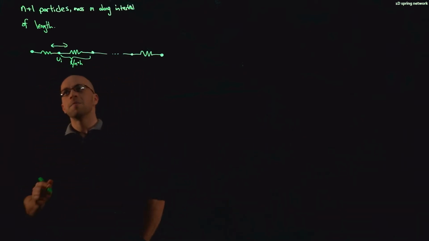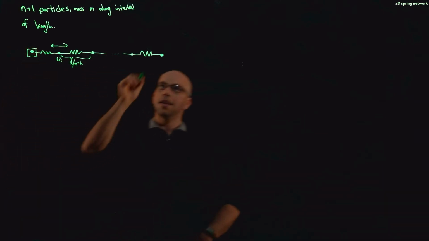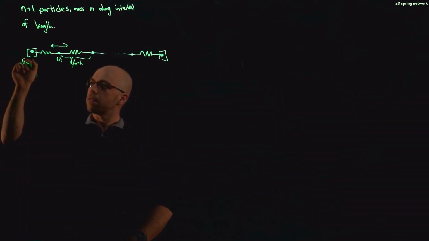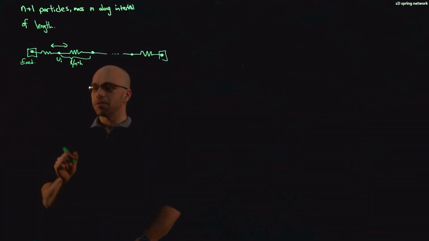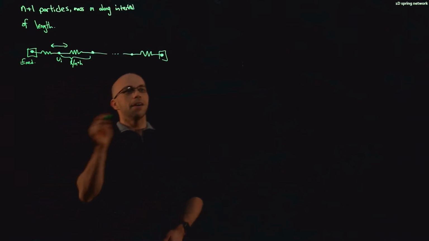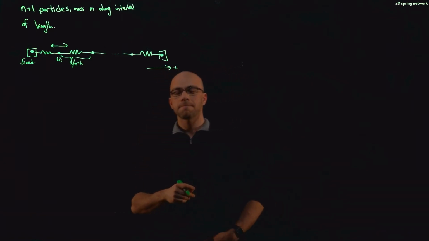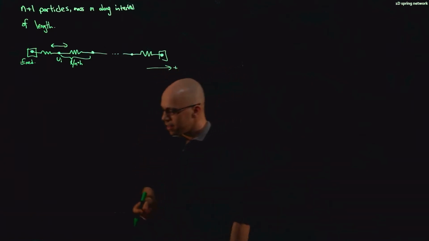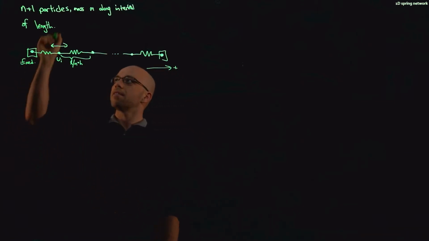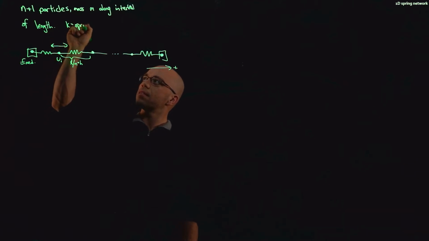Okay? Now, we're going to make boundary conditions, namely that the endpoints of our spring system here are fixed. They're not allowed to move. So they're just constantly equal to 0. And moreover, we're going to make the assumption that plus u is going to the right. And our task is to simulate the physics. So the other thing that we need is that k is going to be the spring constant.